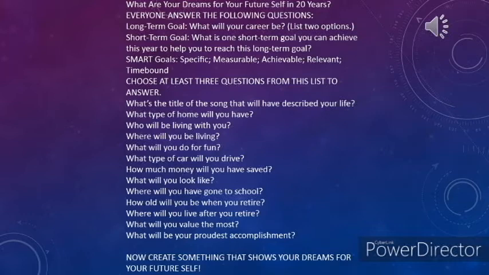SMART goals. Specific, measurable, achievable, relevant, time-bound. Have fun designing your vision board, and don't forget to use an envelope or a small box to store your vision board. Now create something that shows your dreams for your future self.